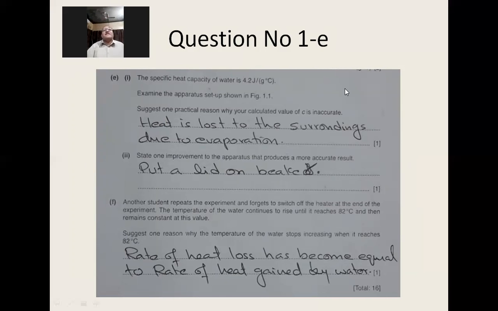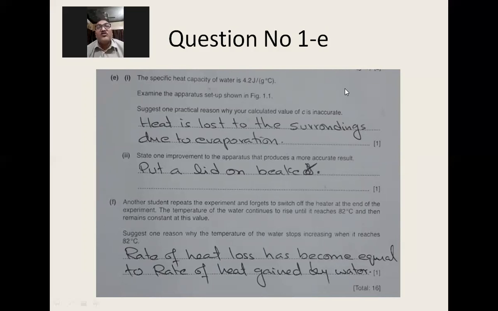So our answer is larger than the actual value. The reason is that the apparatus doesn't have a lid on it. So when you are heating, the rate of evaporation will become faster, and the heat loss from the surface of the water will also be larger. So that is the reason for our larger answer.